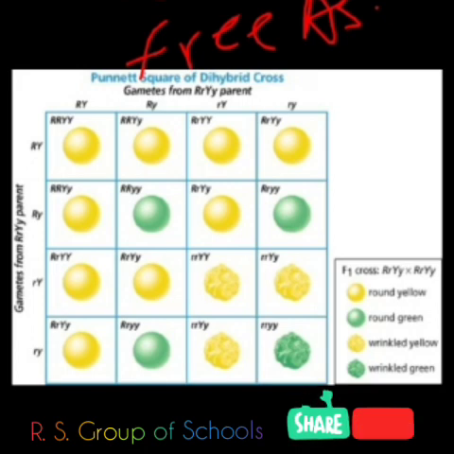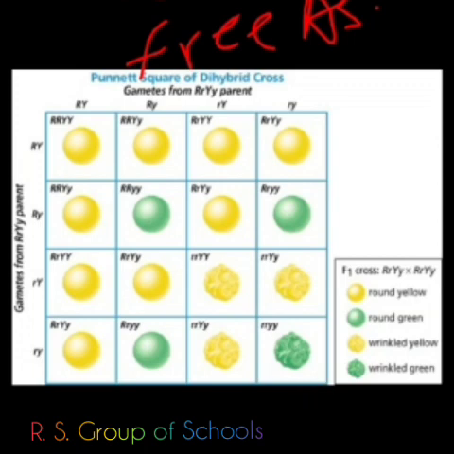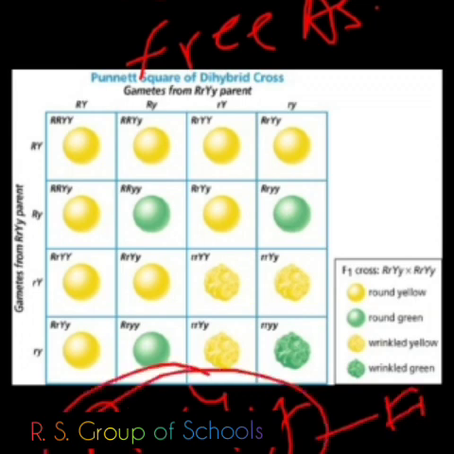Capital R denotes round, capital Y denotes yellow, small r denotes wrinkled, and small y denotes green. So this is a round yellow seed and a wrinkled green seed. When both are crossed together, in the F1 generation the gametes are all round and yellow.